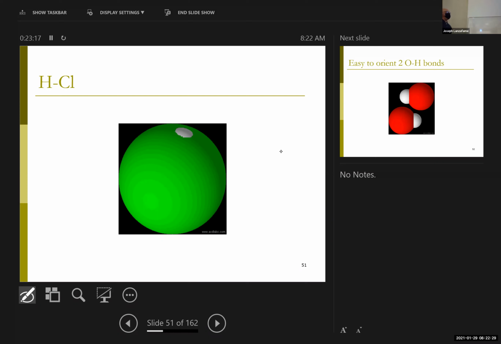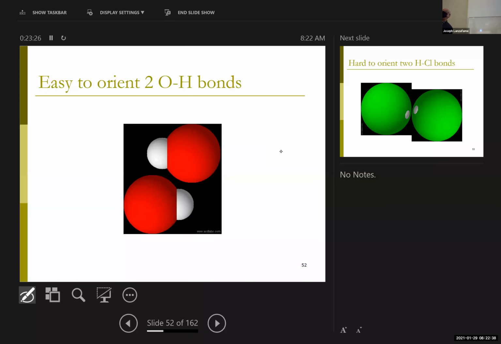It is technically as polar a bond as hydrogen-nitrogen would be. The problem is, if you have an OH bond, you can easily overlap the dipole. And remember, that's where my intermolecular force comes from. It's the dipole of the two neighboring molecules overlapping in opposite orientation.